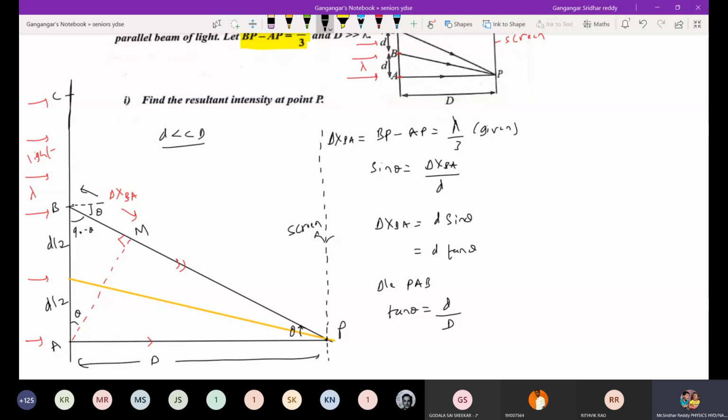Let me substitute the tan theta value and the delta XBA value in equation 1. Then I'll get lambda by 3 is equal to d by D, so therefore d square by D will be lambda by 3.